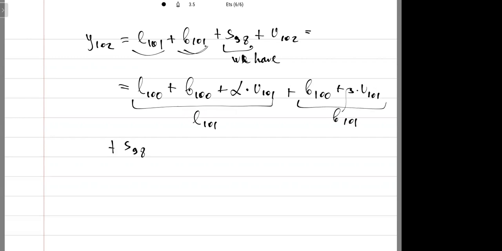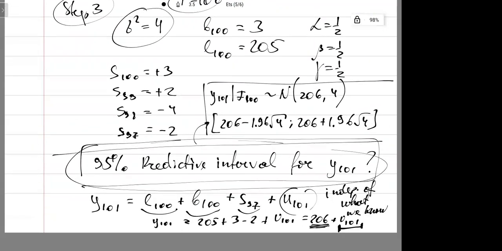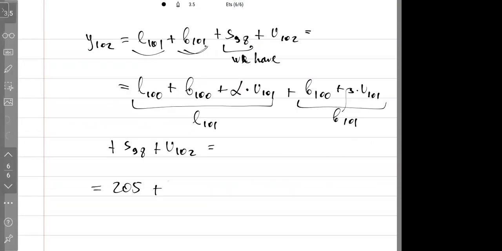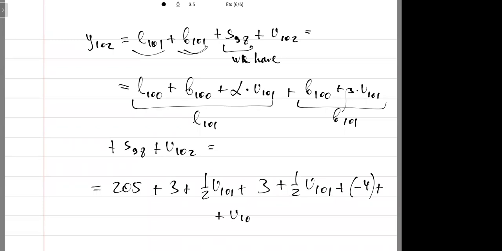Plus S98 plus U, and finally I will have 205 plus, as far as I remember, it was 3, plus 3 plus L. This was 1/2 times B plus 3 plus 1/2, plus S, that was -4, as I remember, plus U102.